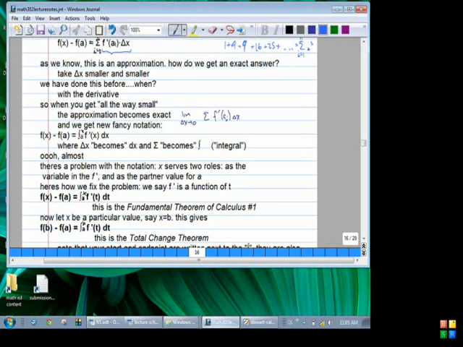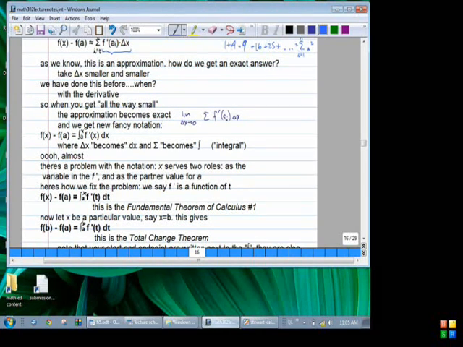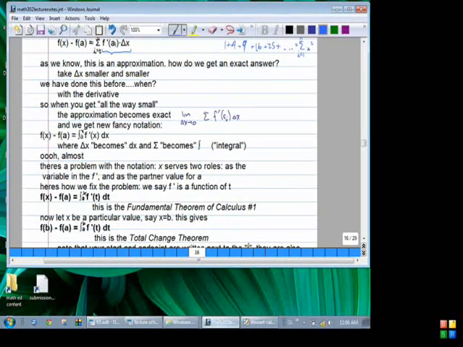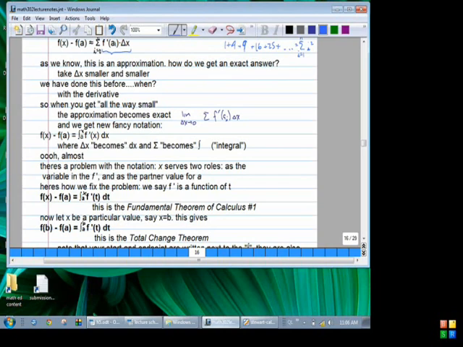Notice that sometimes I put the f of a on the other side, like y equals y1 plus, and sometimes I put it on this side, like y2 minus y1. Depending upon which textbook or formula, it could be on either side. Obviously, both are correct. It's just a question of how you write it down.